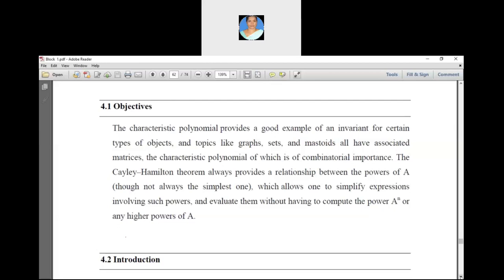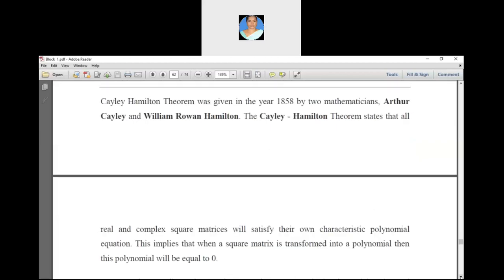Introduction. The Cayley-Hamilton theorem was given in the year 1858 by two mathematicians, Arthur Cayley and William Rowan Hamilton. The Hamilton theorem states that all real and complex square matrices will satisfy their own characteristic polynomial equations.